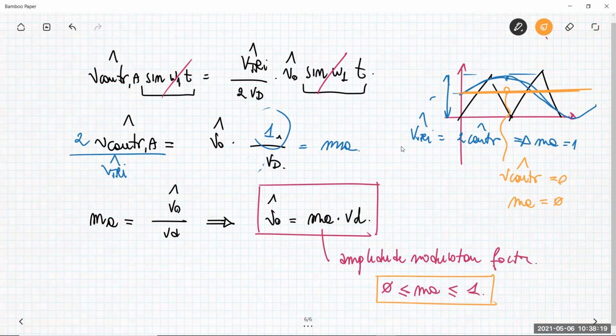So basically, we can use the amplitude of the modulation of the control voltage to get different values of the fundamental component of the output voltage of my inverter, and these are amplified by the voltage Vd.